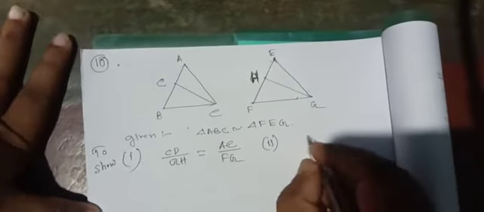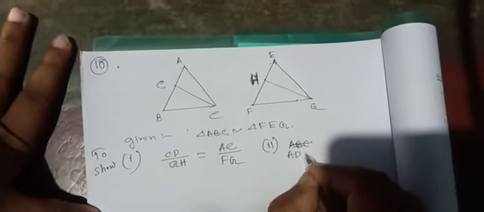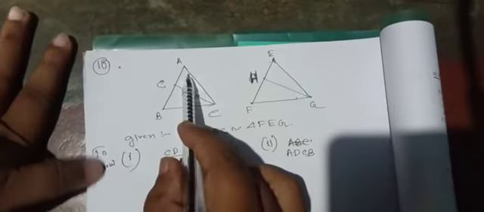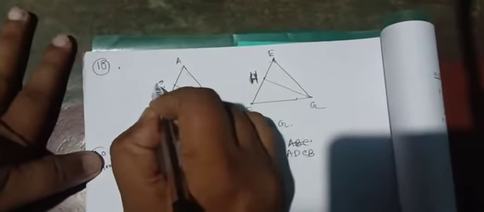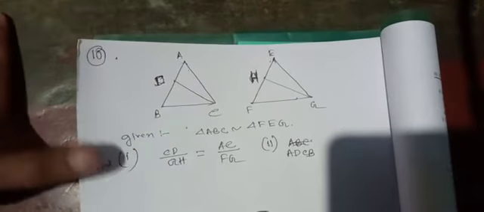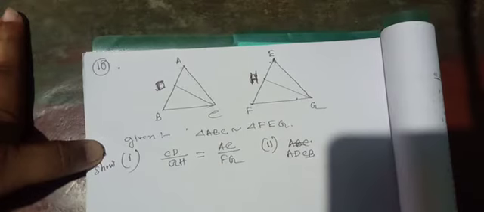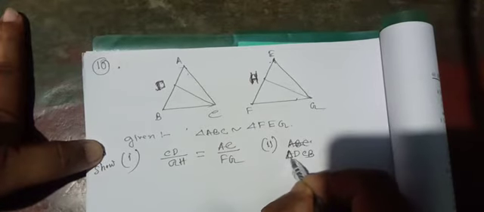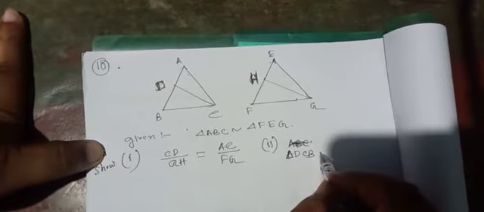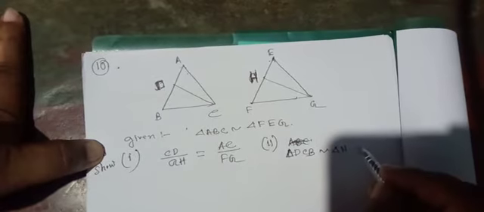Second, triangle DCB is similar to triangle HGE.